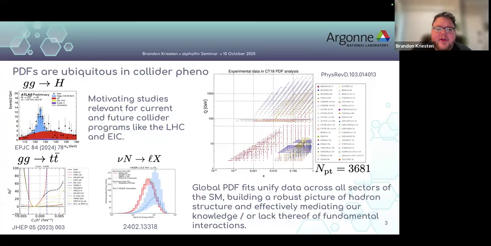And so they motivate studies relevant for current and future collider programs, such as the LHC and EIC, where one can think about Higgs production channels in gluon fusion, possibly non-standard interactions towards t t-bar production, and even DUNE, for instance, which is a neutrino program with neutrino nuclear scattering. And so we can't escape parton distribution functions. They're everywhere around us in high energy physics.